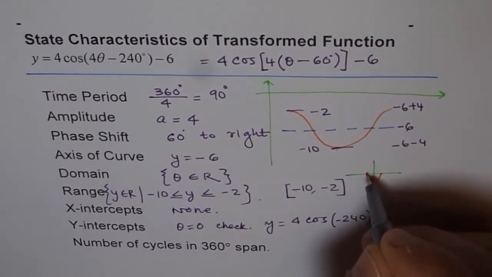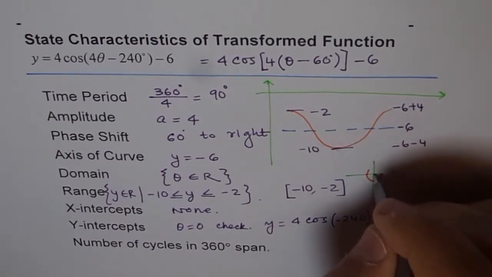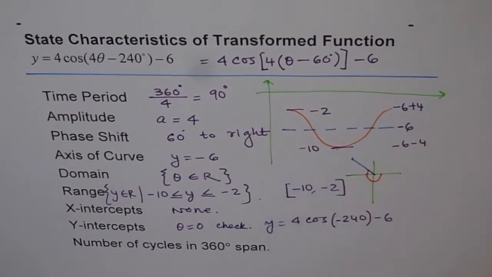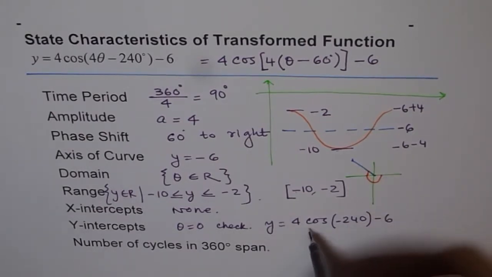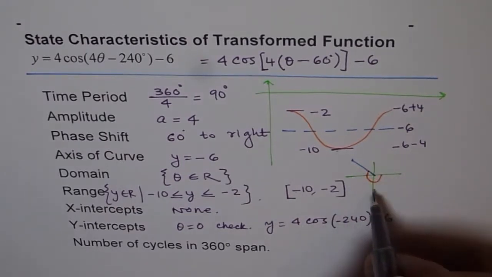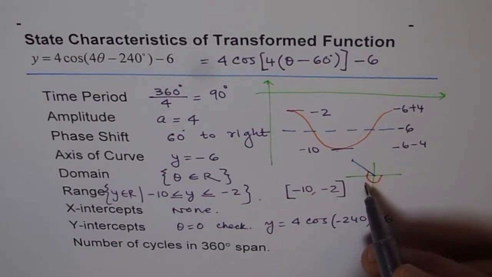So 180 plus something, you are somewhere in this quadrant. Correct? Because minus means you're going counterclockwise. Now, cos of minus theta is cos theta, so you could have worked it the other way also, right? In either case, this will be a negative value. If you go from here, you'll end up here, which is also a negative value, correct?